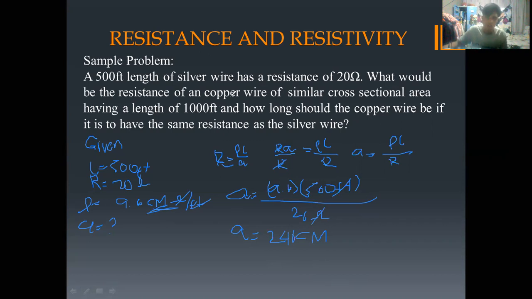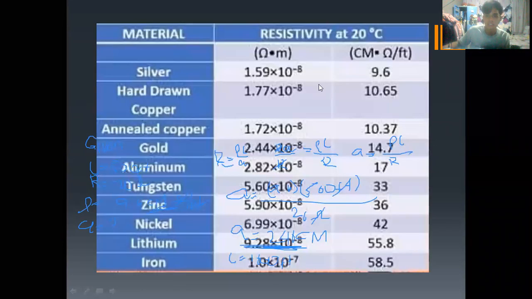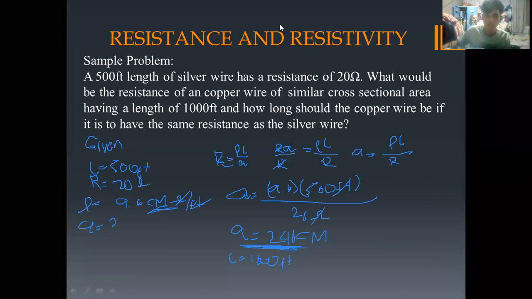We use the similar cross-sectional area and a length of 1,000 feet. Since it is copper wire, we get its resistivity from the table earlier. The resistivity of copper, annealed copper, is 10.37.